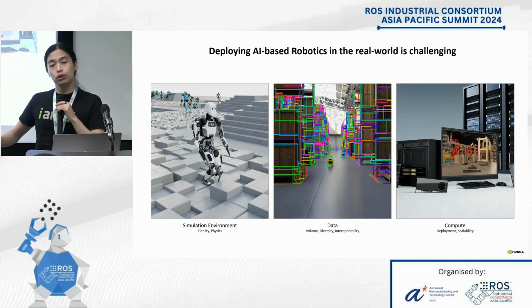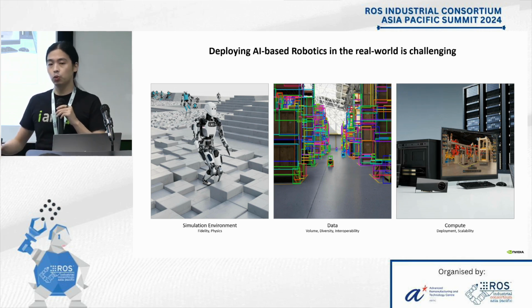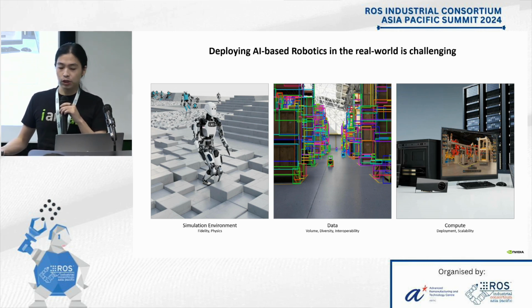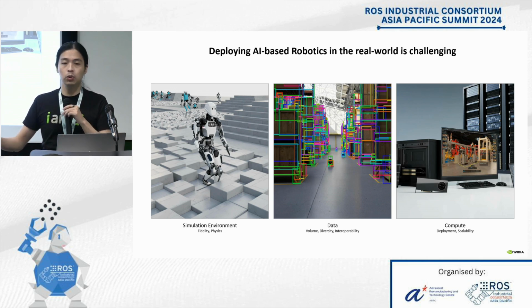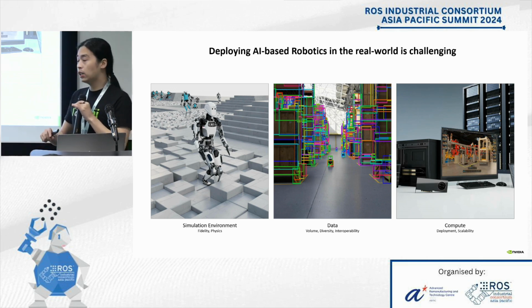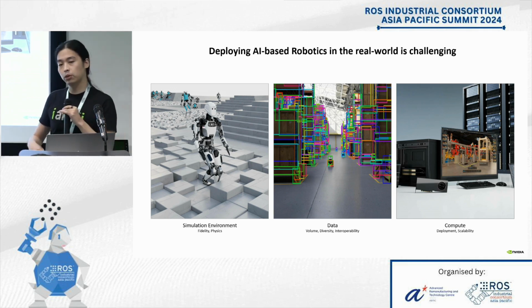Though we can try to simulate many cases using a lot of techniques, we cannot foresee everything that happens in reality. Some lighting changes can just blind your cameras, something may fall down, and some human operator may suddenly walk in front of your robot. This kind of accident can happen, and it is very challenging for us to deploy these AI-based robots in the real world.